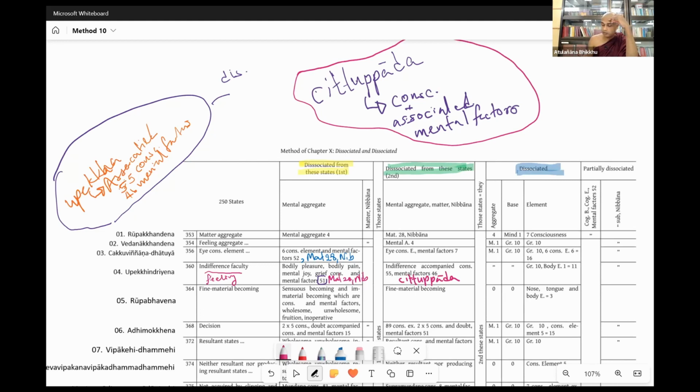We don't have the mental factors. It's only the subtle matter and the nibbana which comes here. Yes. Awesome.